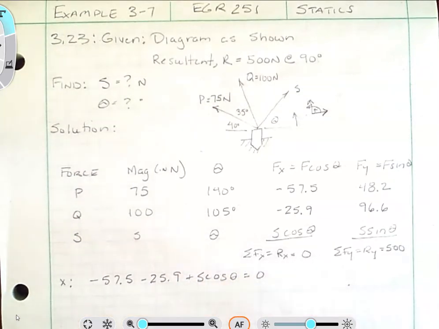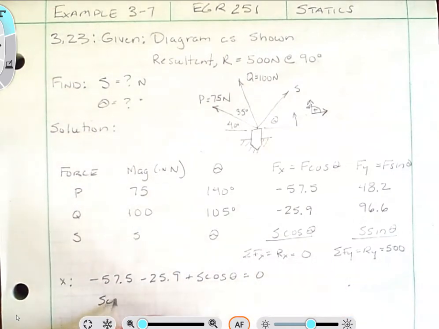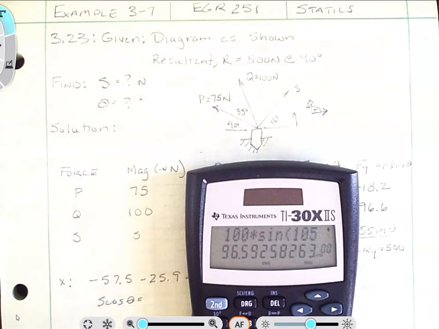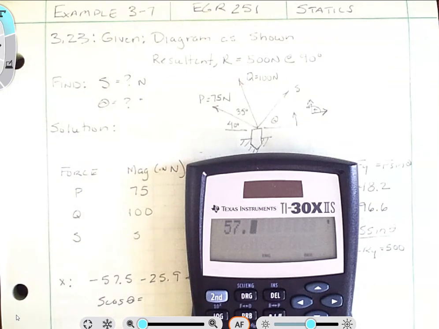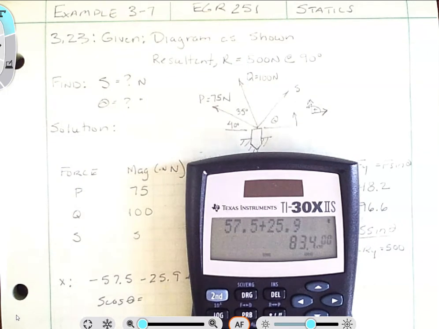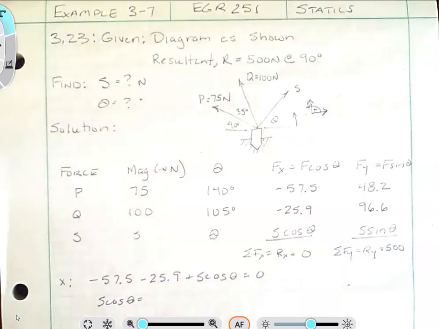All right. As a result, we have, therefore, S cosine theta equals minus 57.5 plus 25.9. Just make sure I don't mess up my math. 83.4. These are both negative. They move to the other side, so it's positive 83.4.